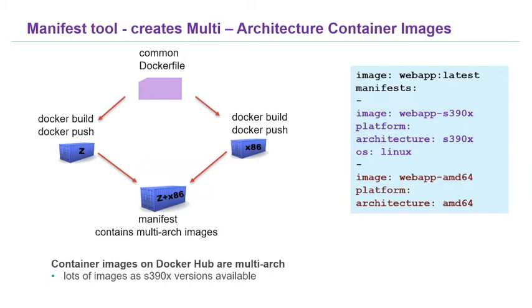And remember, the container image is a read-only file, one container image for x86 and one for Z. So if I'm instantiating one of these images, the manifest tool and the registries are able to understand that you're pulling that image from a Z environment, so you will get the Z image, and if you're pulling it from an x86, you will get that image. That's the multi-architecture container images managed by the manifest tool and how you can build them.